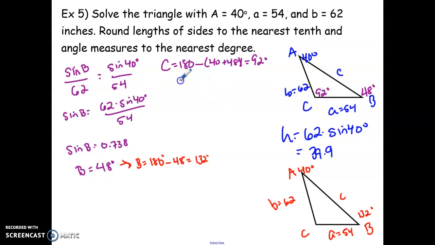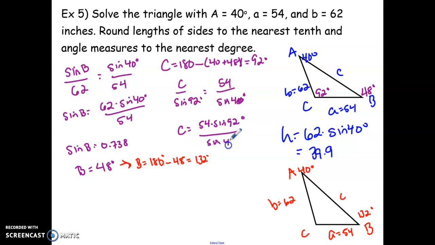And then we can do C over sine of angle C, which is 92, equals A, 54, over sine of A, which is 40 degrees, and cross multiply. So C is going to equal 54 times sine of 92 degrees over sine of 40 degrees. Type that in your calculator. You get side C is equal to 84.